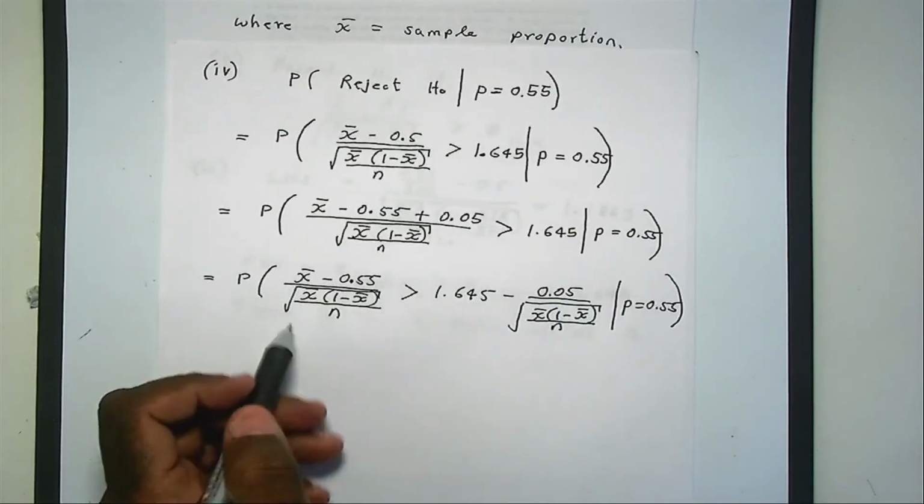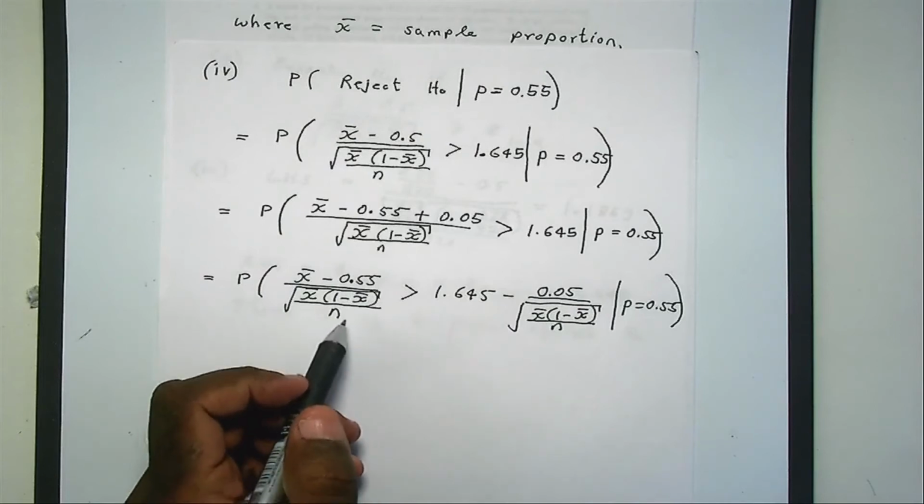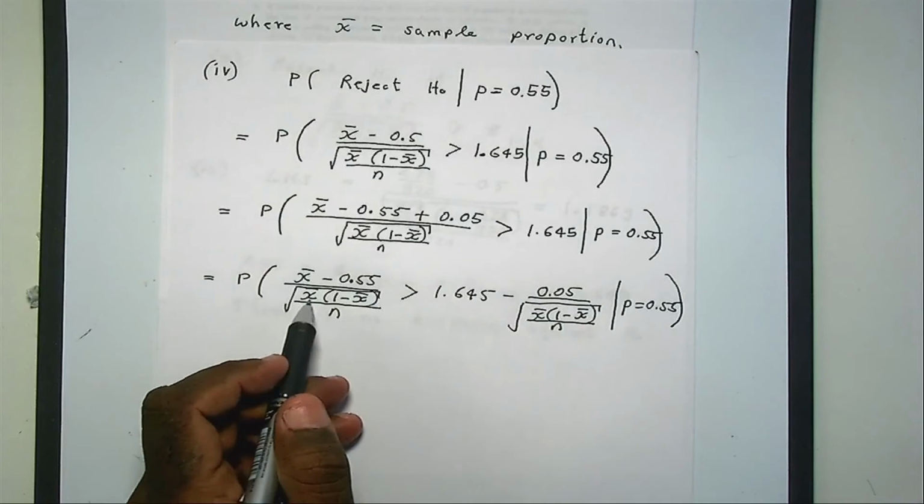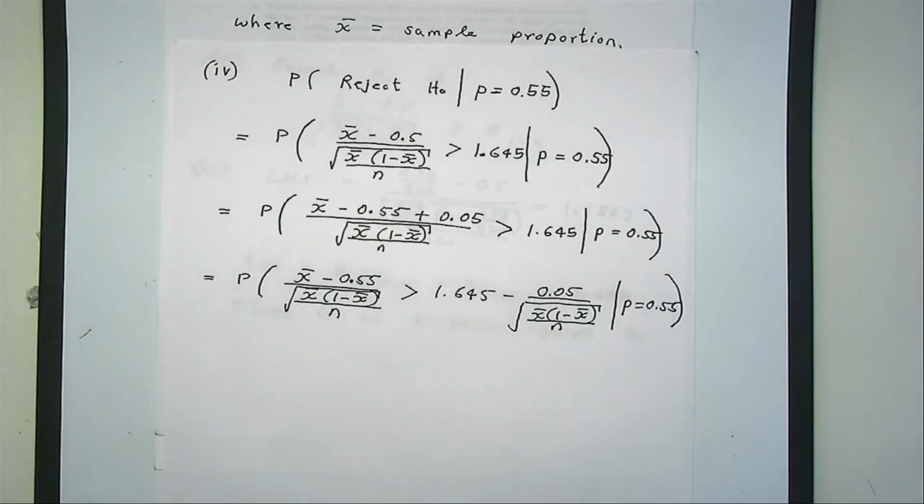Now I'm going to use the result that I mentioned earlier, that this can be approximated by a standard normal distribution. I don't know whether you remember, it's not in the tutorial, sorry, it's in the video on binomial distribution. You should go back and look at that video.